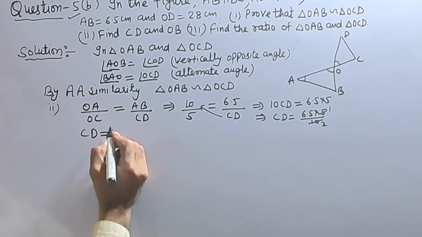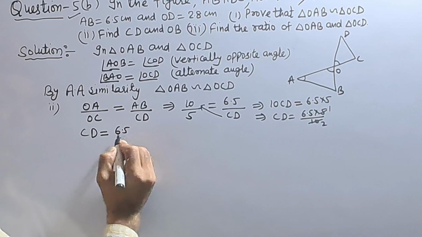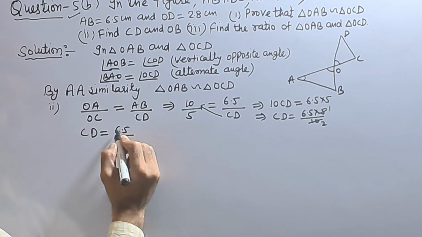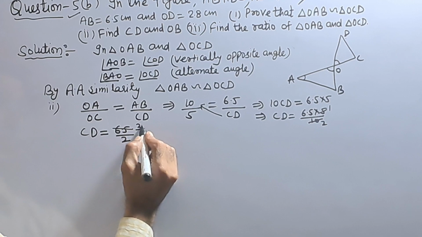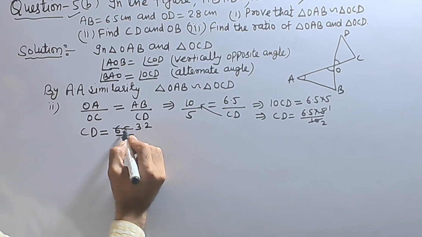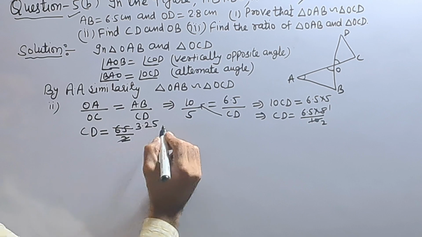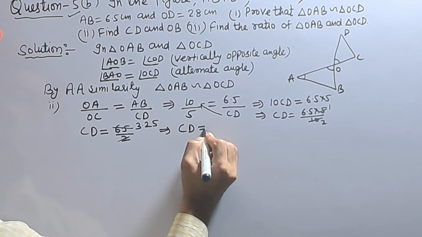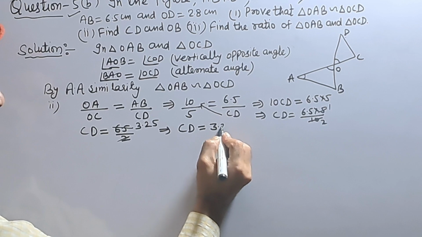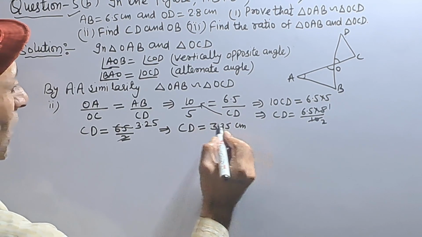CD is equal to 6.5 upon 2, that is 3 twos are 6 point, 2 twos are 4, 10, 5 twos are 10. We get CD is equal to 3.25 centimeter.